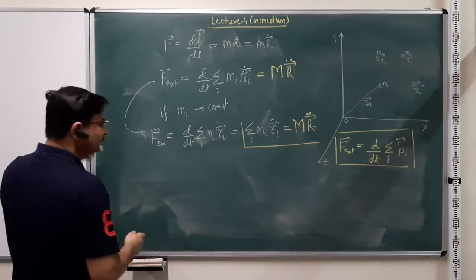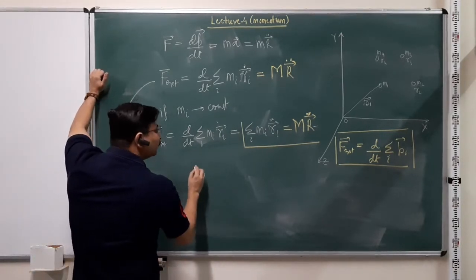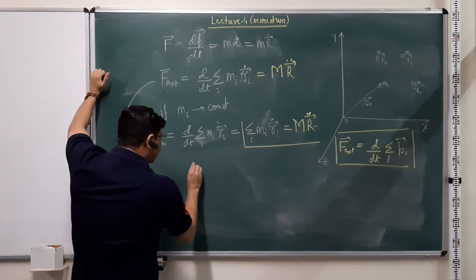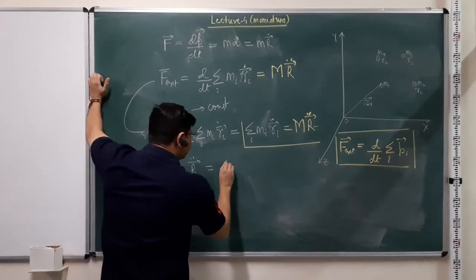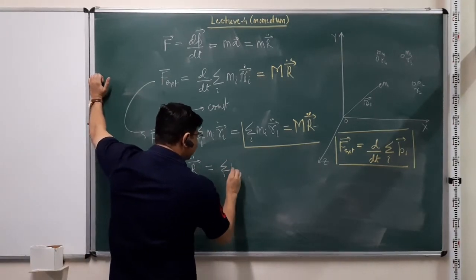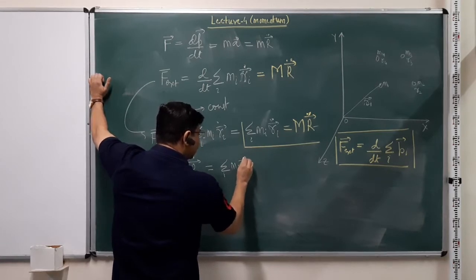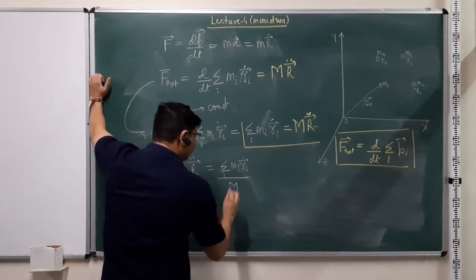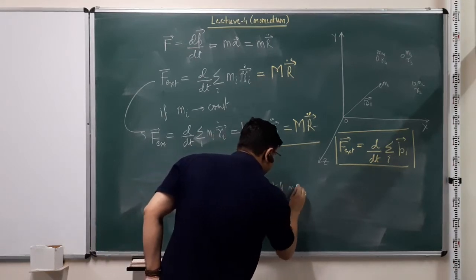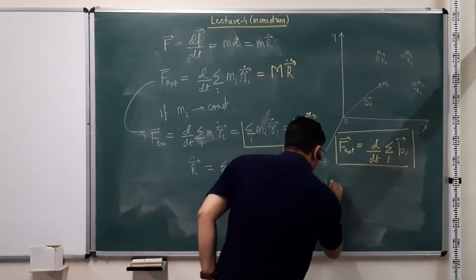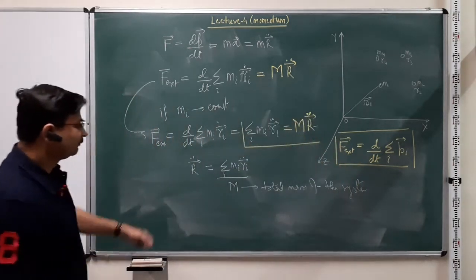If this is the case, then the way I write it is R double dot is the sum over i of m_i r_i double dot over M, where this M is the total mass of the system.